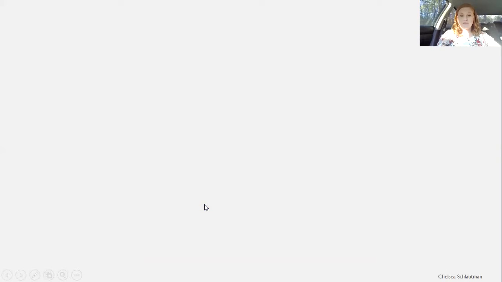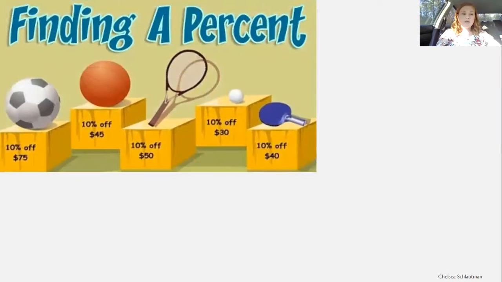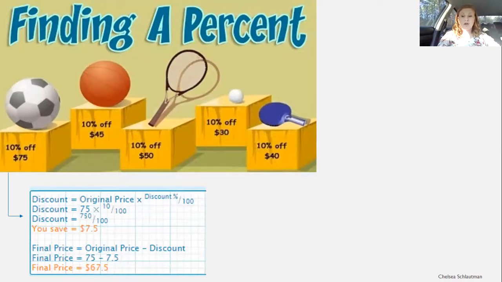So next we're going to look at a few different percentage problems and see how we are going to solve them. We have a few different pieces of sports equipment here, and we're first going to look at a soccer ball. To find 10% off of $75, we take our original price and multiply it by the discount of 10% over 100. So our problem would look like 75 times 10 over 100.